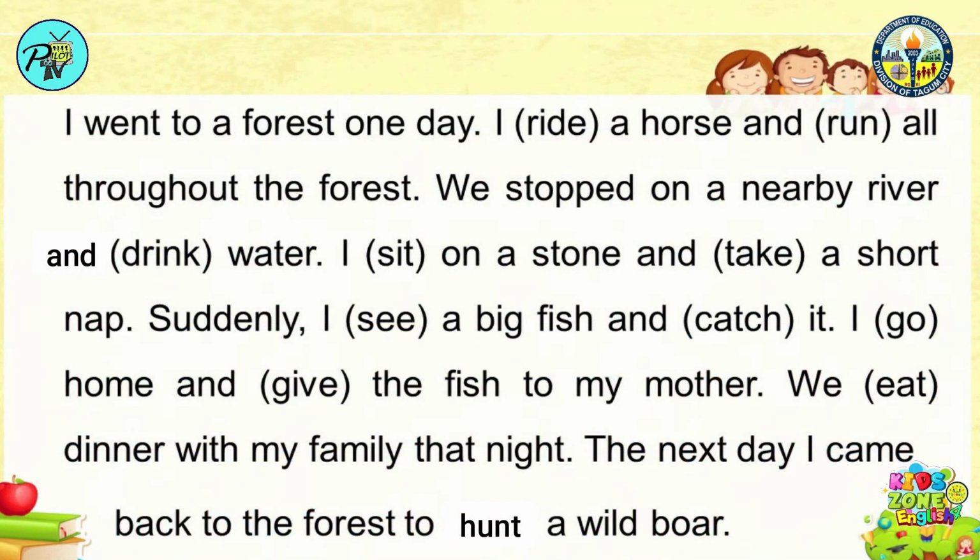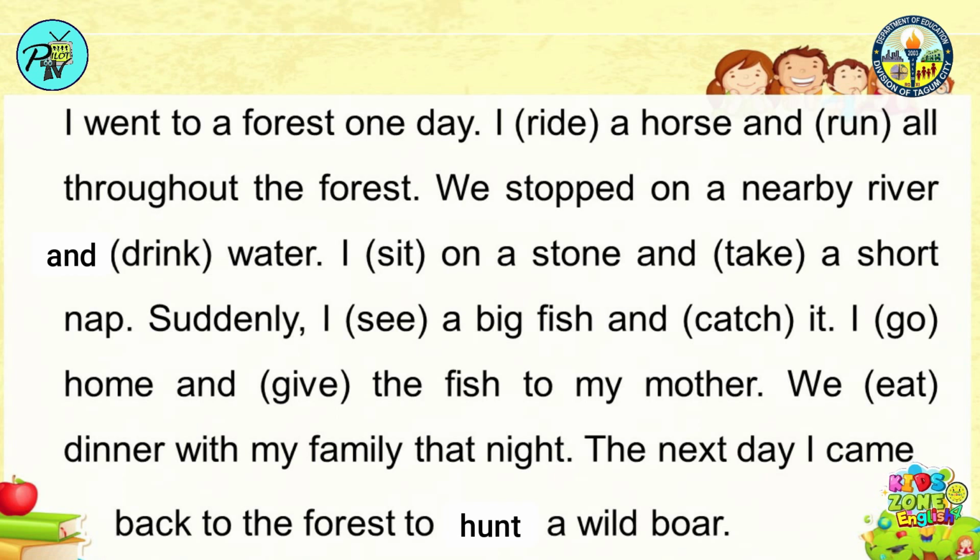I went to a forest one day. I ride a horse and run all throughout the forest. We stop on a nearby river and drink water. I sit on a stone and take a short nap.